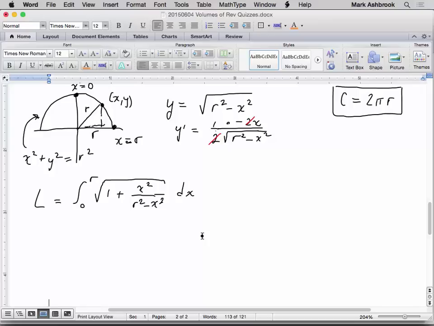Okay, so now we have to do some algebra here. The first thing we're going to do is make this all one fraction. We're going to add these and get all one fraction underneath the radical. So we have a little work to do here, a little algebra. The common denominator is going to be r squared minus x squared.